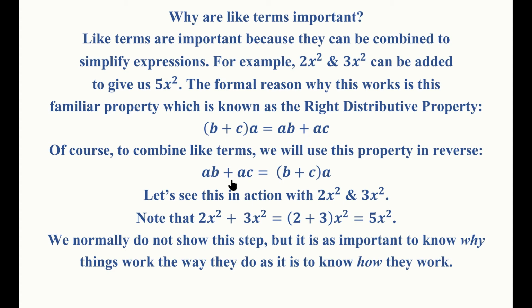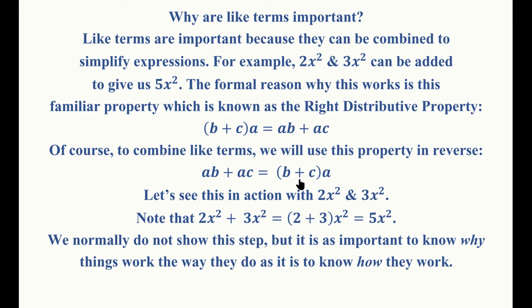So notice that here, just as you know that if you see this, you can easily get to this, now you have to become just as comfortable with seeing this and then being able to write it like this. So basically, if we have ab plus ac, we can write that common factor a out here, and then just write what's left, b plus c, in the group.